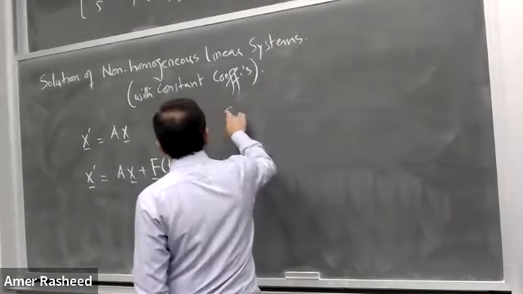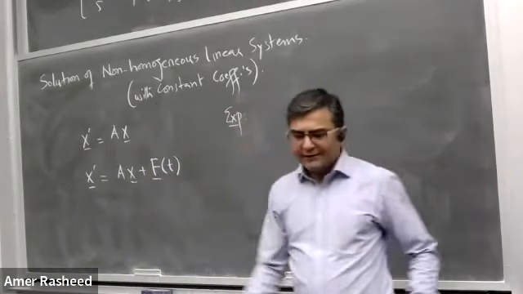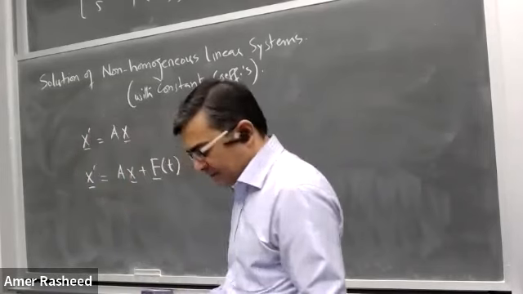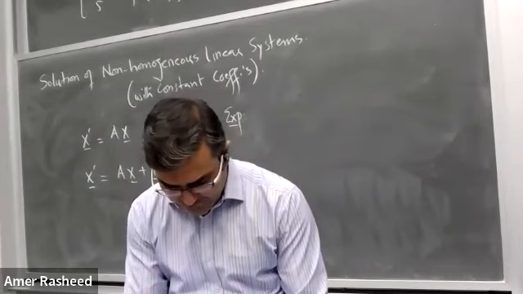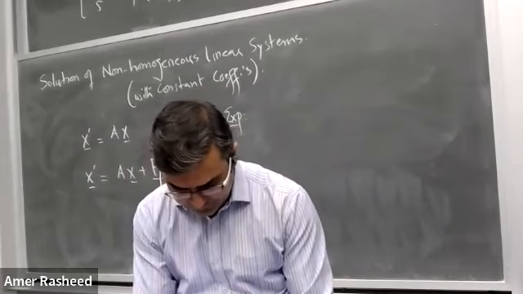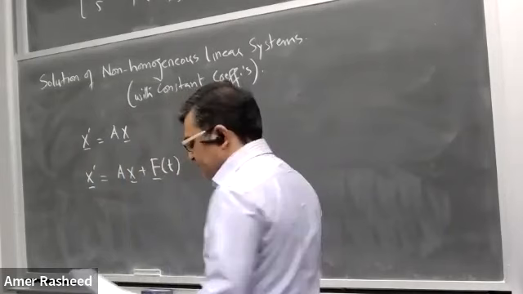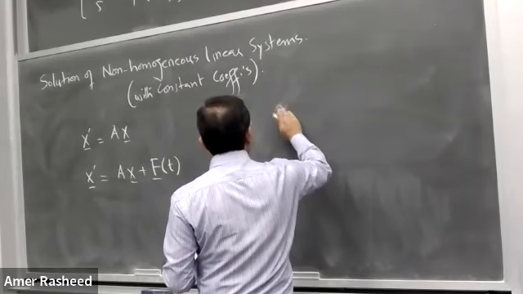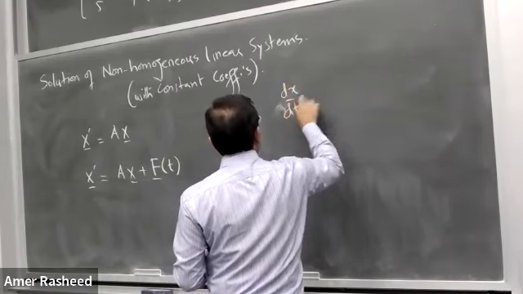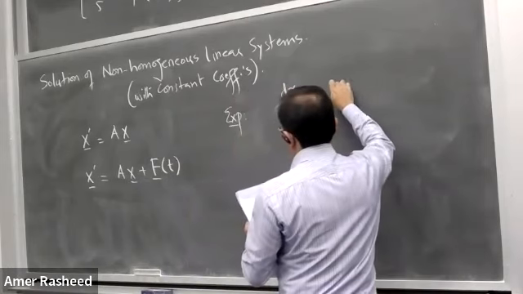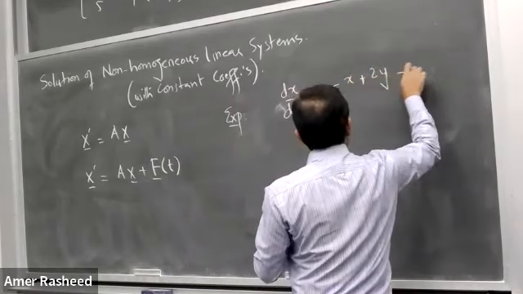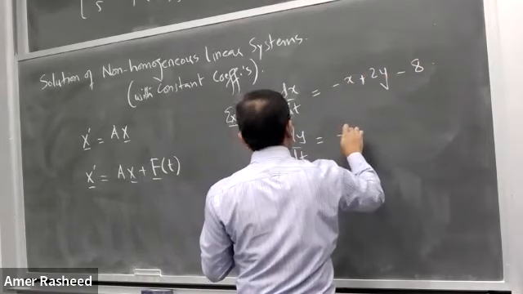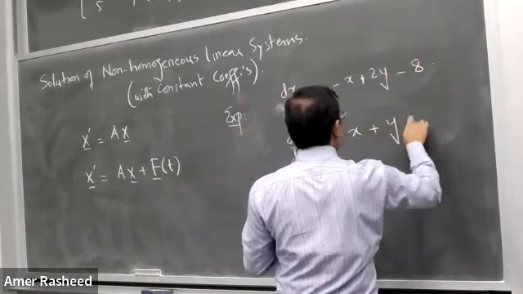For example, let me show you some example. Solve the following system: dx/dt is equal to negative x plus 2y minus 8, and dy/dt is equal to negative x plus y plus 3.